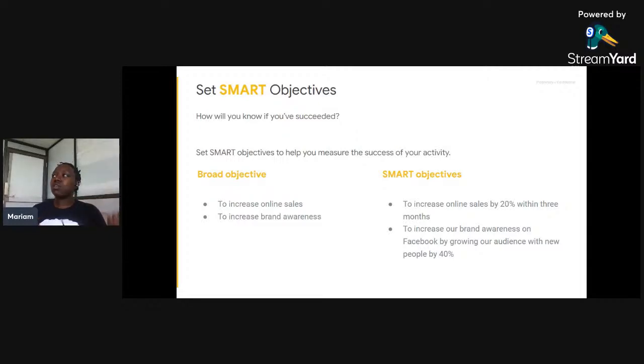You can see on your left and on your right, we have SMART objectives and broad objectives. So when it is broad, what we mean is, when you're creating objectives, you say you want to increase sales. Okay, that is something that is so broad.